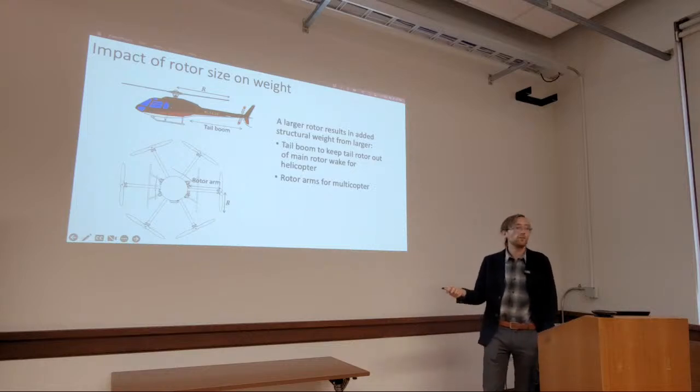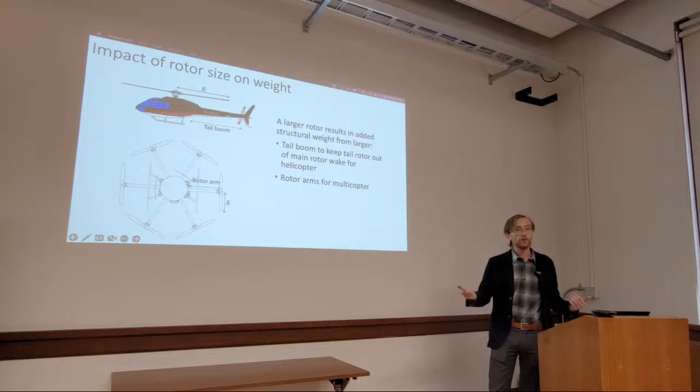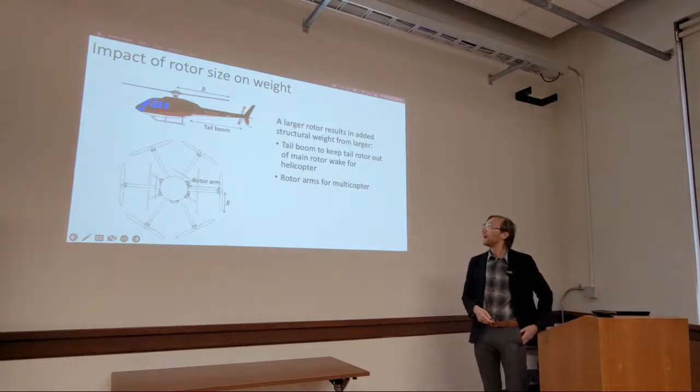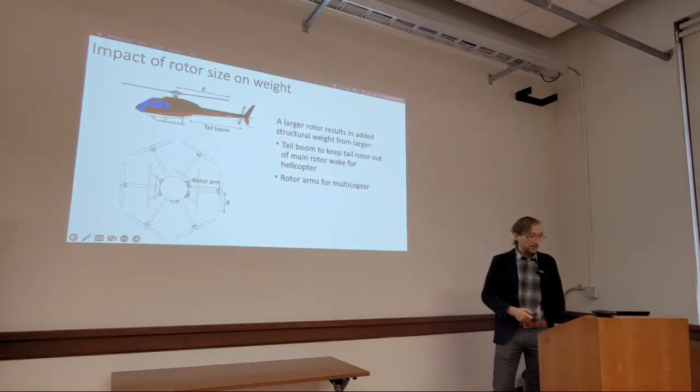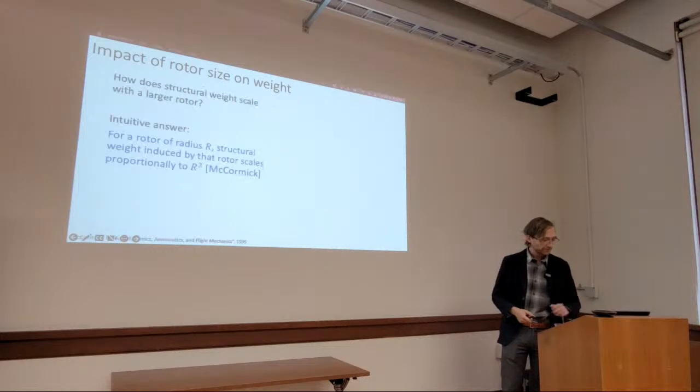Same if we look at multi-rotor vehicles, we need some rotor arms to hold the rotors. And so the larger the rotors are, the heavier these arms will be. So we can wonder, okay, larger rotors result in more weight, but can we quantify that?